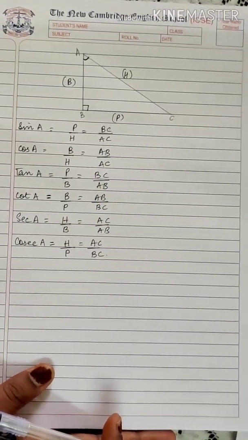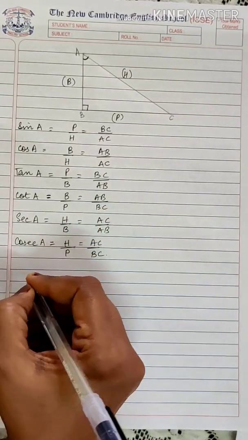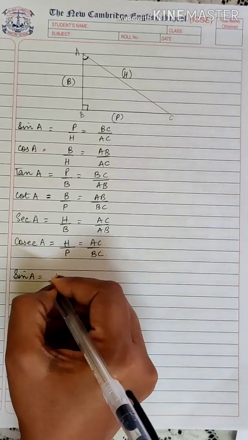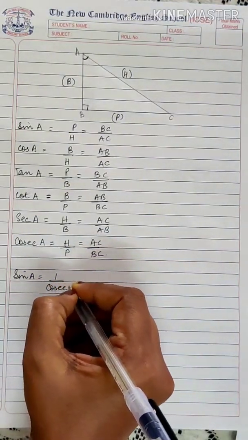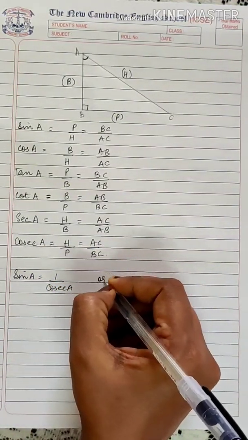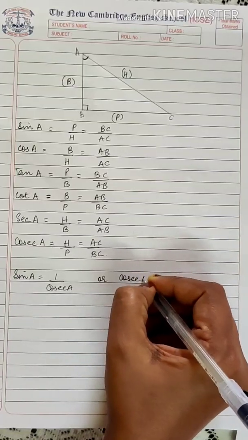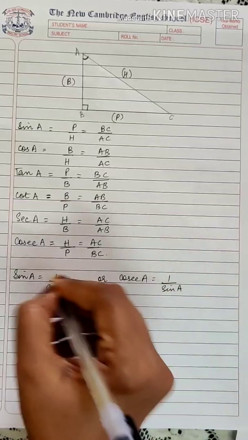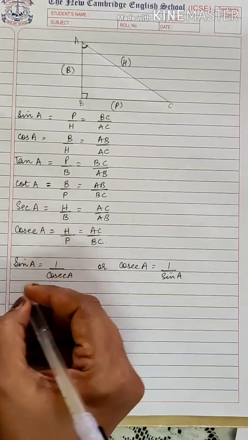So I'll give you a few more, that is the reciprocal ratios. Sine A is equal to 1 by cosecant A, or cosecant A is equal to 1 by sine A. They are the reciprocal ratios.